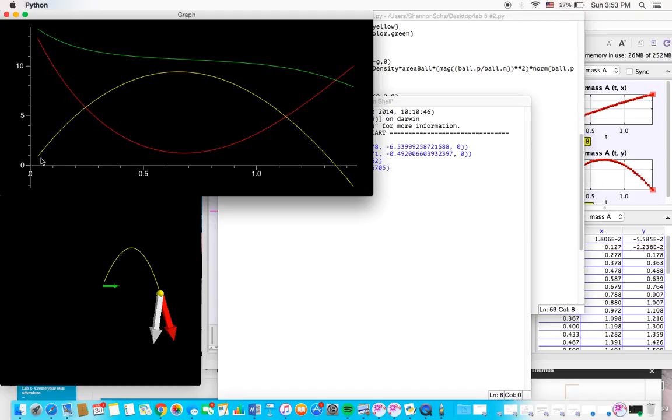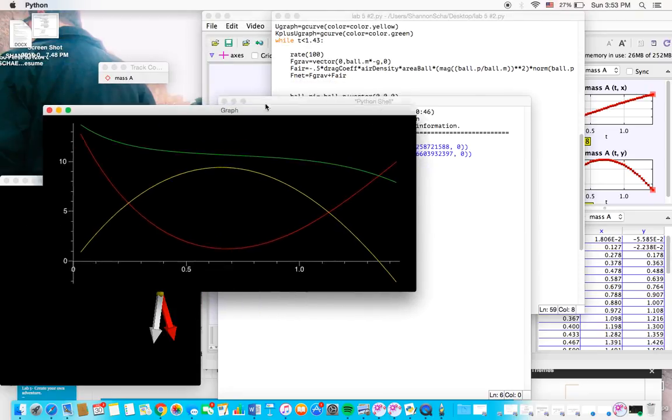And then the gravitational energy starts really low because the distance from the floor, the height, is very small, and then it starts increasing, and when it goes down again to the floor, it decreases.